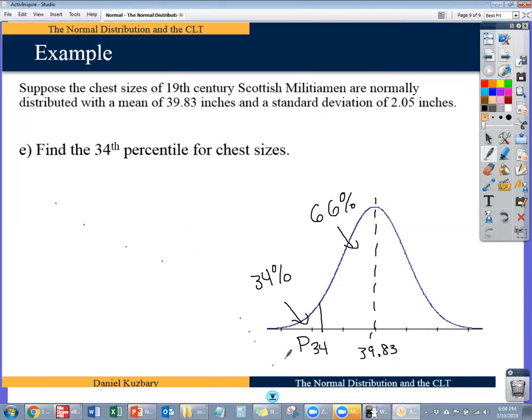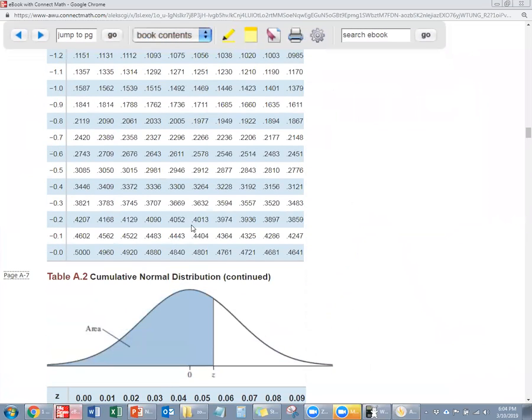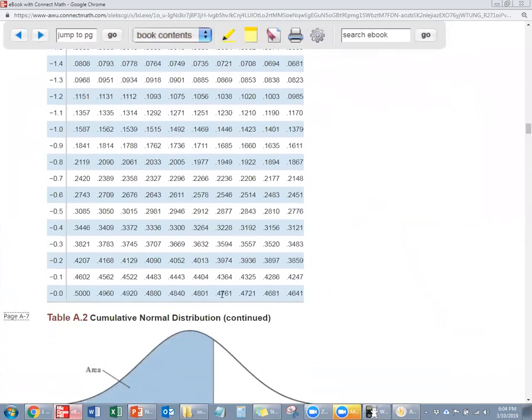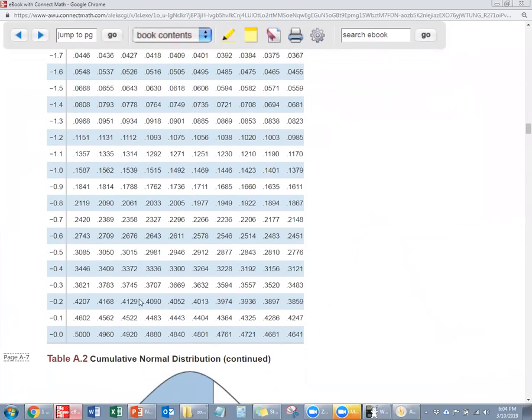So I'm going to go to my table first and find where 34% is. So in my standard normal table, I'm looking for 0.34, and you may have found it already. I haven't. 0.3446 is right there. This is kind of going backwards. I see 0.3409. And that's 0.3372.